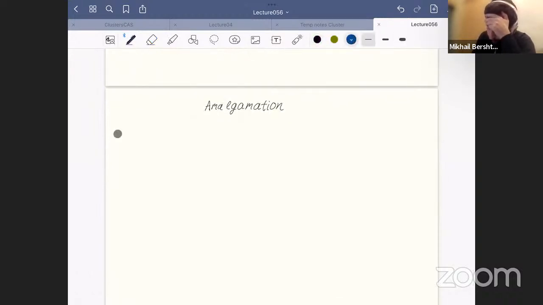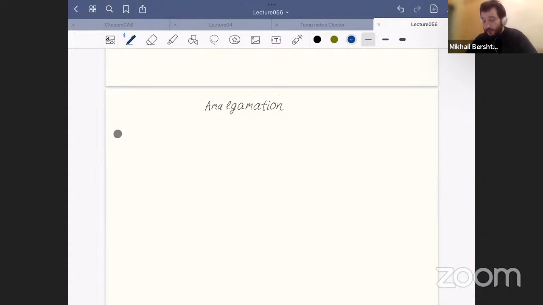Let's forget for just a quick second all the previous story about the double Bruhat cell, and now I'll give you the general definition.